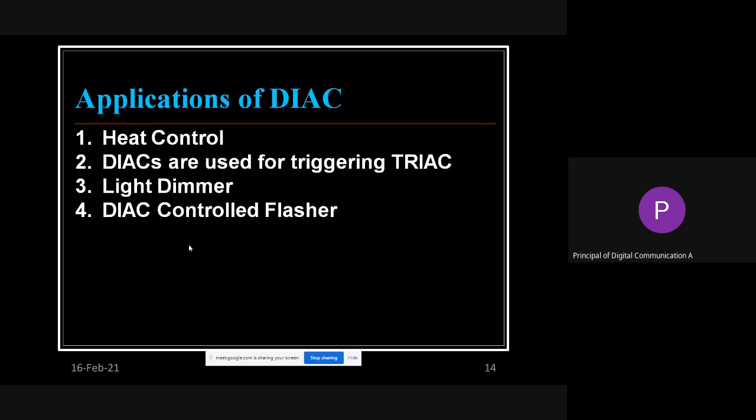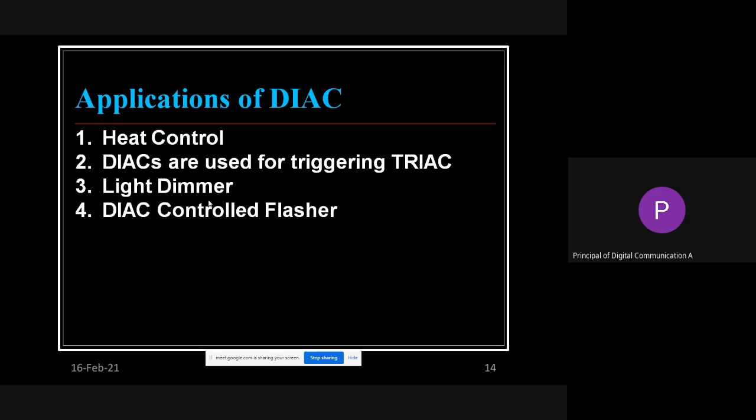Through this subject you can take a few circuits, build and produce them, and see how easily, sincerely and accurately you can do this HMP, because the marks are also there in the university curriculum. So these are a few applications of the diac, that is the diode for AC.